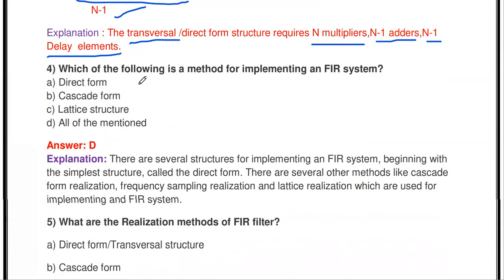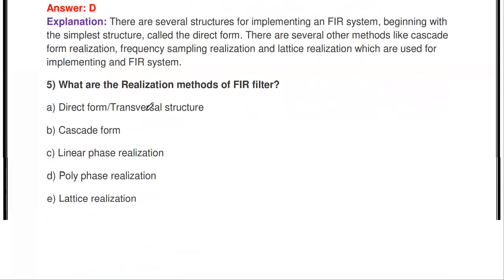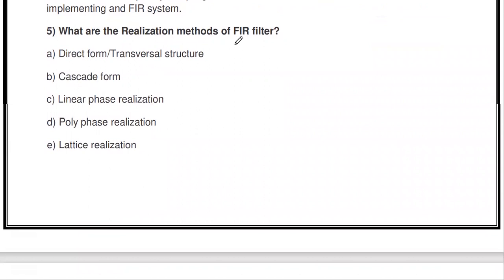The next question: which of the following is a method for implementing an FIR system? Direct form, cascade form, lattice structure, or all of the mentioned. We can realize the FIR system in direct form, cascade form, and lattice structure, so all of the above is the answer. Then the next one: what are the realization methods of FIR filter?